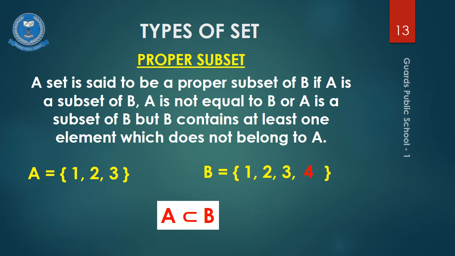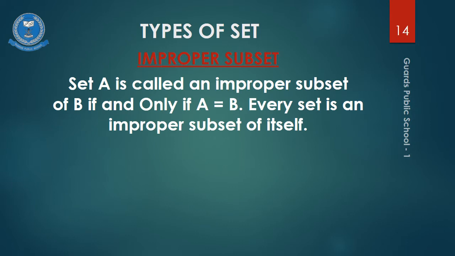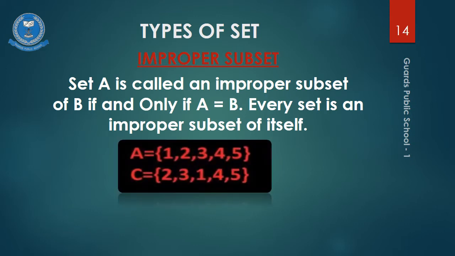Next type is improper subset. A set A is called an improper subset of B if and only if A equals B. Every set is an improper subset of itself. It means if two sets are equal, then these two are called improper subsets of each other.